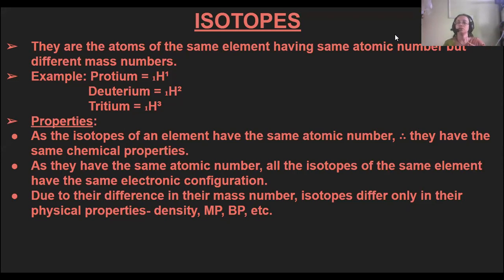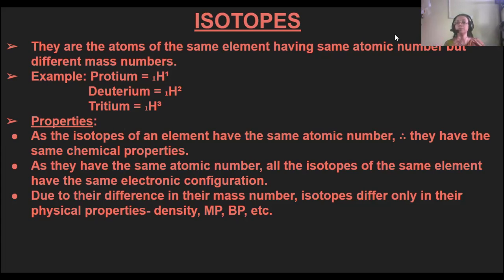So here we see that for a single element, there may be two atoms which have two different mass numbers, but the atomic number of each atom of the same element is the same.